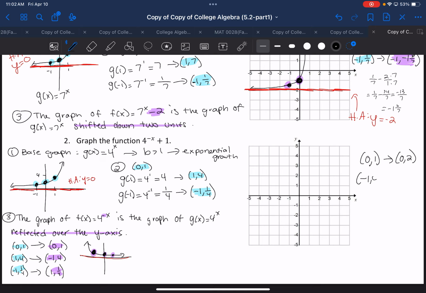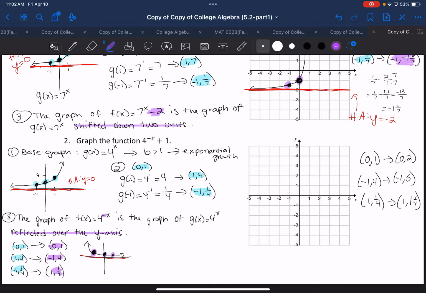Wait. I'm sorry. I mean, negative 1, 4 will become negative 1, 5. So I'm adding to the y coordinate. And 1, 1/4 will become 1, 1 1/4.